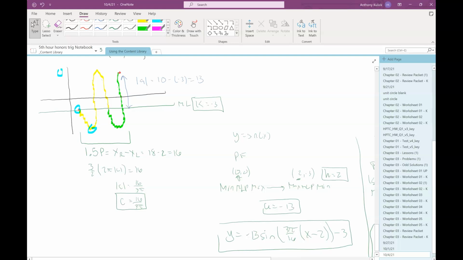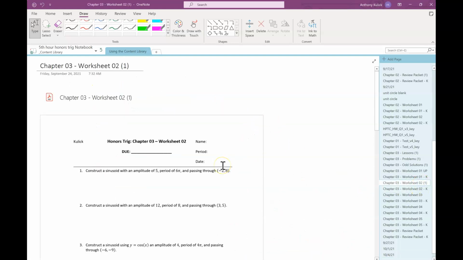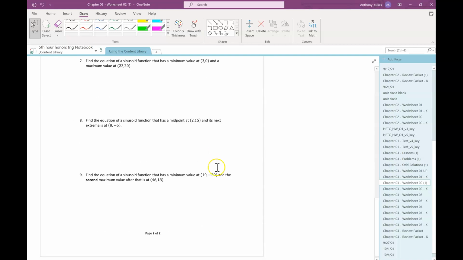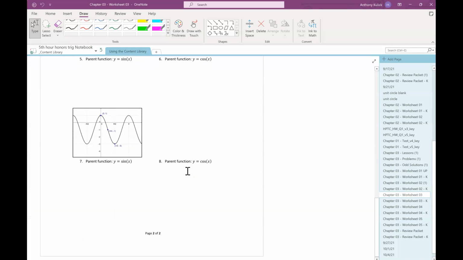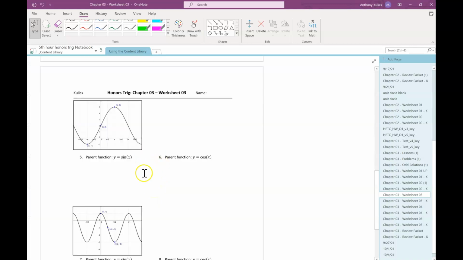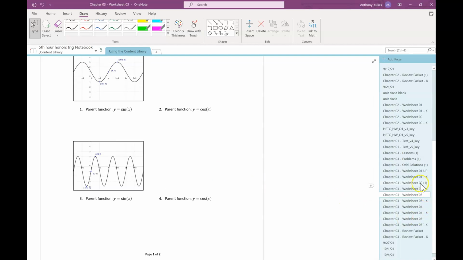Thank you. Okay. So you guys should now be able to do worksheets 2 and 3. So worksheet 2 is some descriptions and asking you to write. And then 3 is some graphs and asking you to write. Notice on worksheet 3, I asked for an answer in both sine and cosine for each problem.